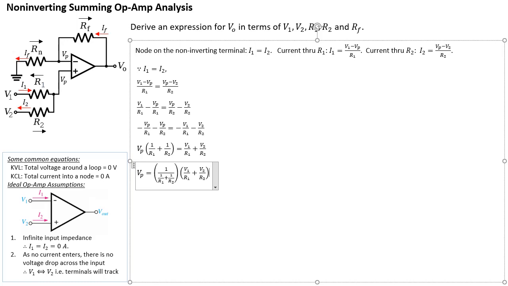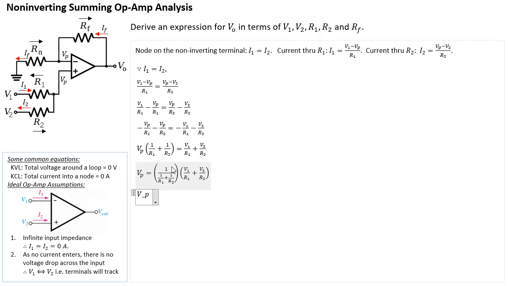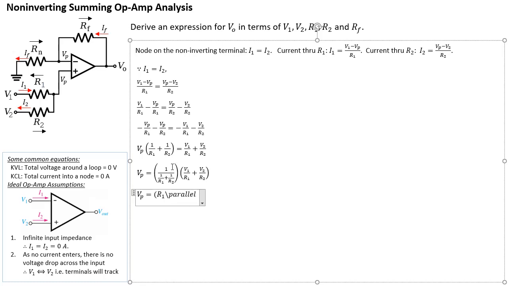So as you can see, this term here is simply basically the parallel of two resistors, R1 and R2. Right. That's the expression for parallel resistors. So what I'm going to do now, I'm just going to make it a little bit obvious that that's what it means. All right. So I'm going to change this into VP is therefore equal to R1 parallel with R2.